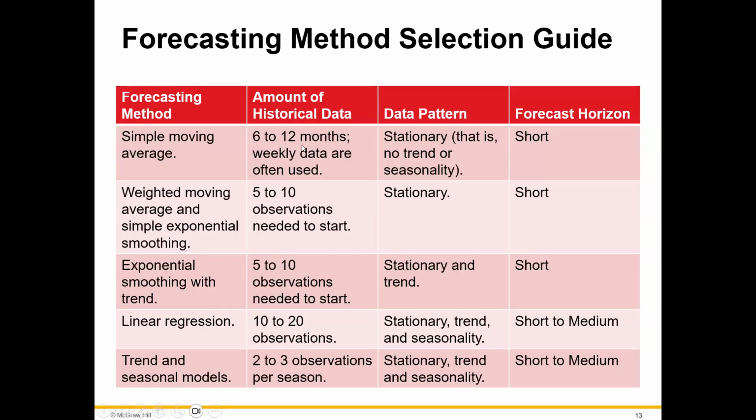Okay, so simple moving average would say, I want to predict what my volume in February is going to be, and I may take a 3-month simple moving average of the previous 3 months. If I'm trying to forecast February, which would be time period 2, I'm going to go back to time period 1, time period 0, and time period -1. So that's the 3 time periods before that.